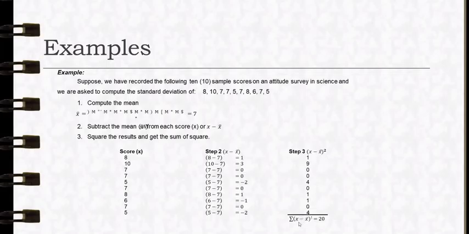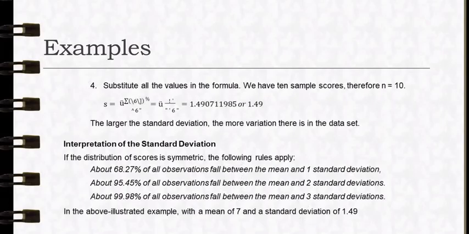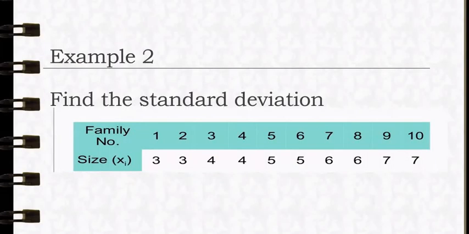The summation of (x minus x bar) squared is equal to 20. Then you substitute that 20 in the formula, summation of (x minus the mean) squared all over n, that will give you 1.49. That is the long method.